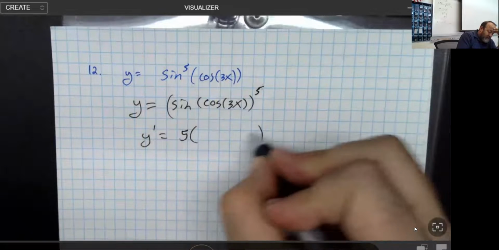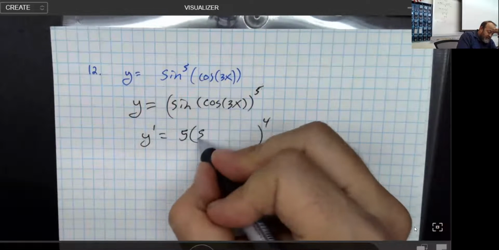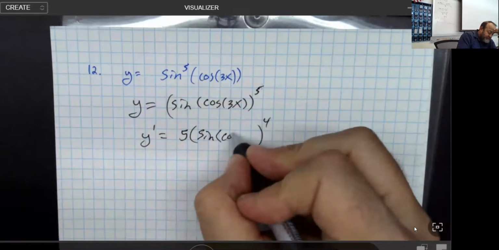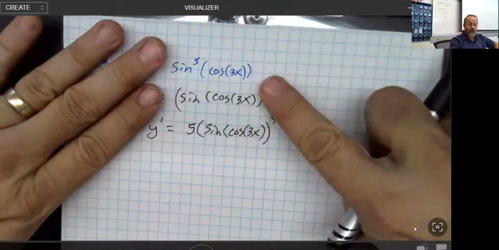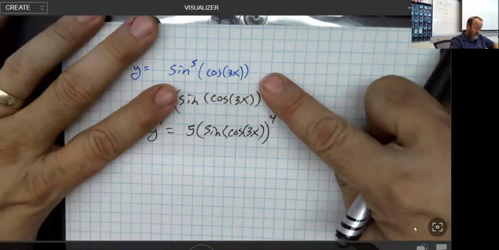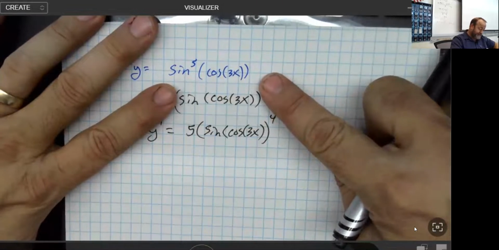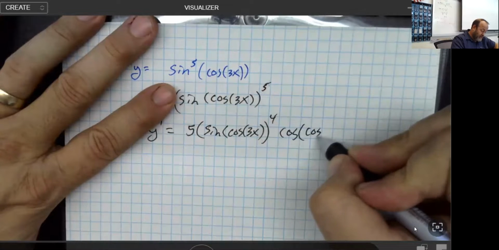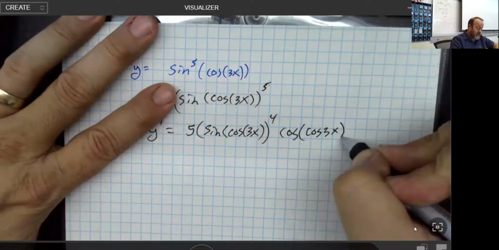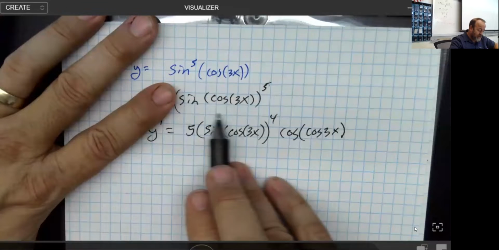So it's 5 of all of those things to the 4th. Now I kind of dealt with that portion. Now I go inside, and I know the derivative of the sine is the cosine. But again, just like before, I'm going to leave the interior portion alone. So it's the cosine of the cosine of 3x.